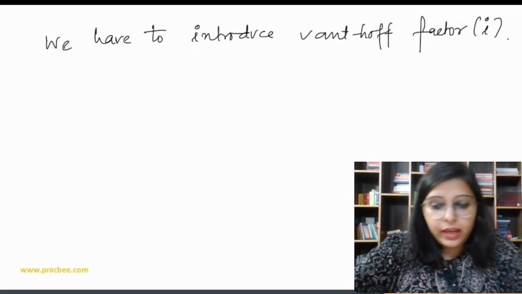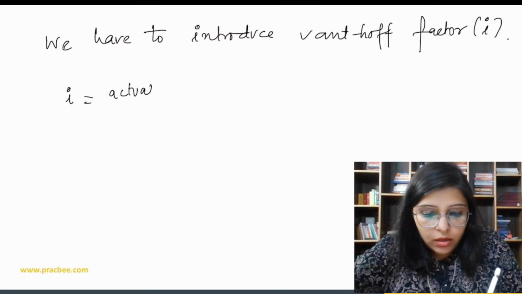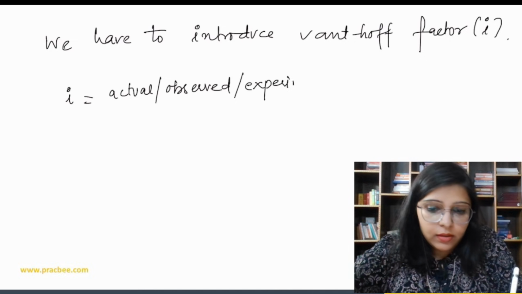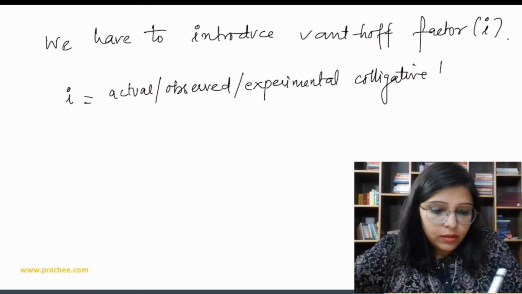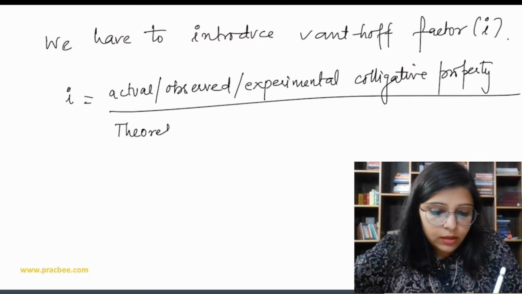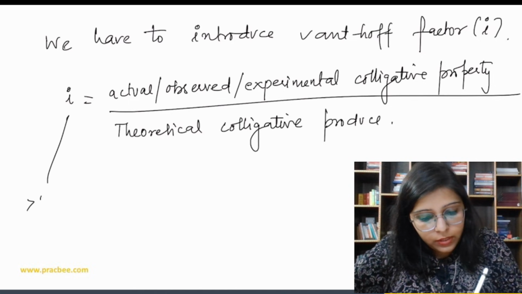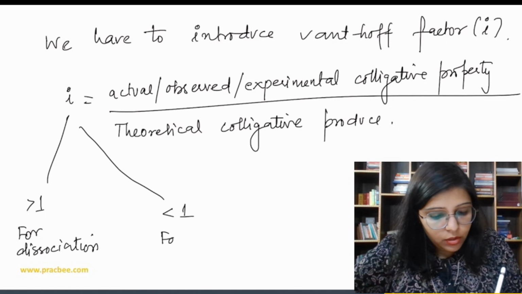So i is the actual, observed, experimental colligative property divided by the theoretical colligative property. The i value is greater than 1 for dissociation, and it is less than 1 for association.